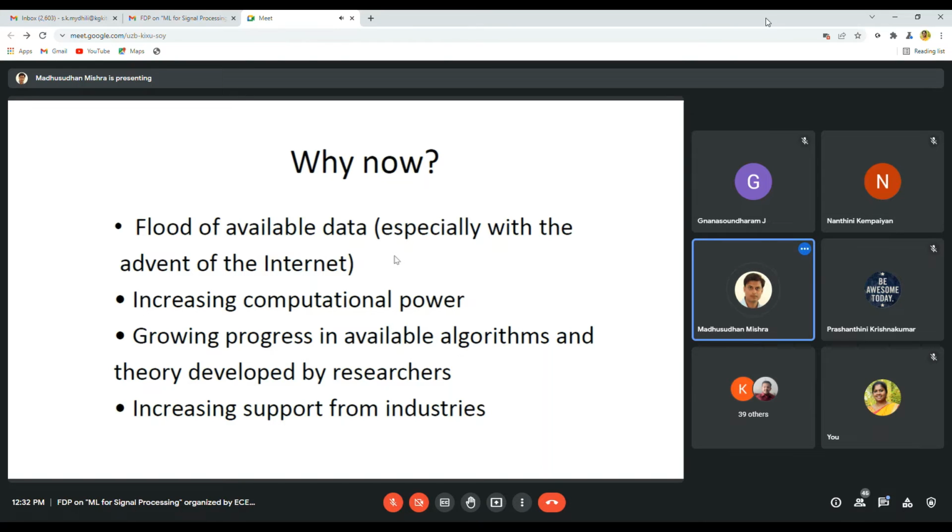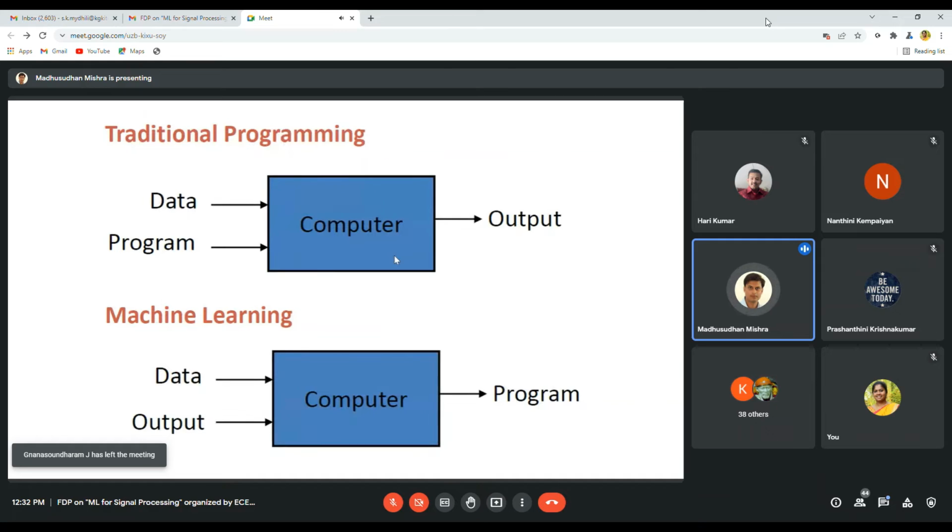That's why machine learning has found huge popularity, and we have machine learning, artificial intelligence, deep neural networks, deep learning everywhere. Sometimes when we search something on Google, it learns our behavior and shows the same thing to us. This is also one example of machine learning.